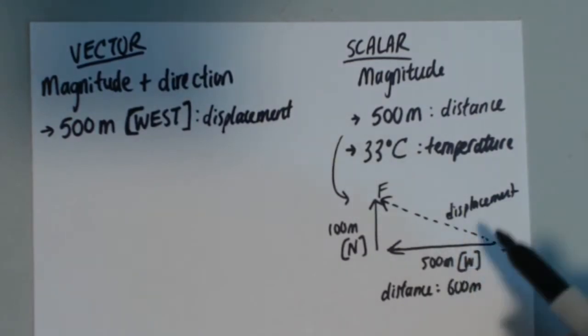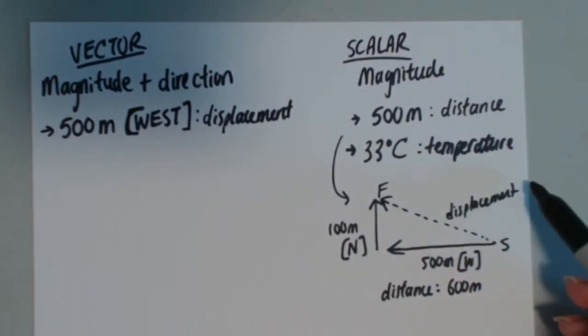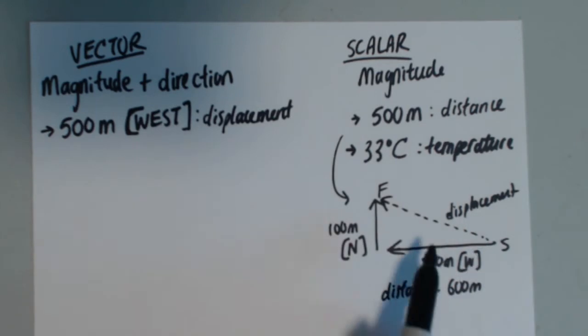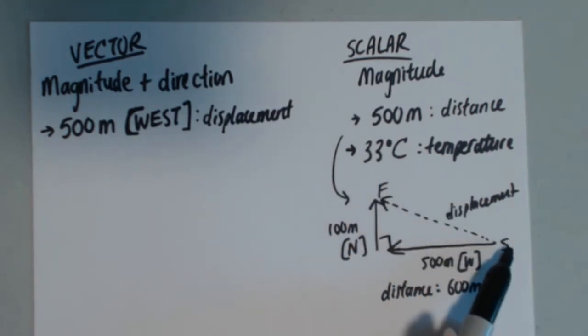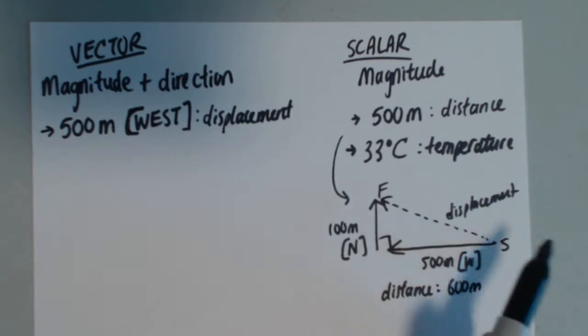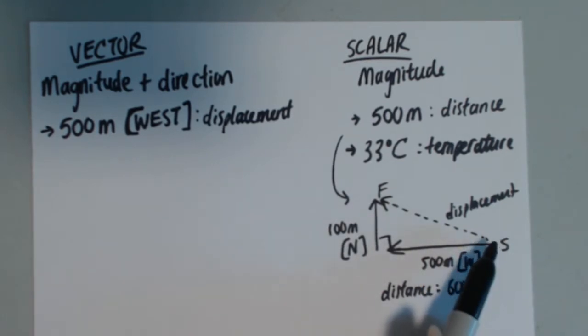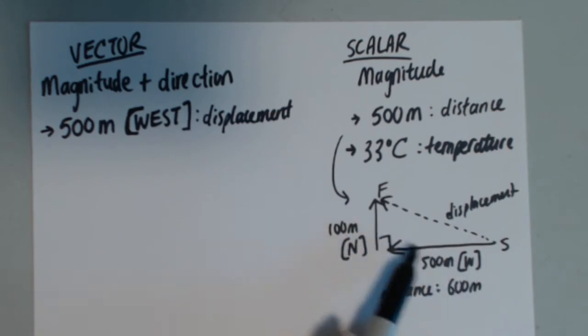Notice here, the displacement would not be 600 meters with the direction associated with it. You can see this is a right angle triangle. So how would you find the length of that side? You would use the Pythagorean Theorem, right? We know that the hypotenuse is the longest side of a right angle triangle. So that displacement is going to be larger than 500, which is already the biggest side between the two adjacent sides.